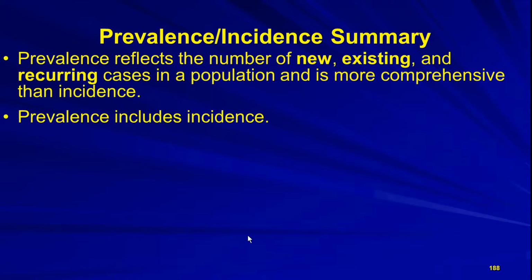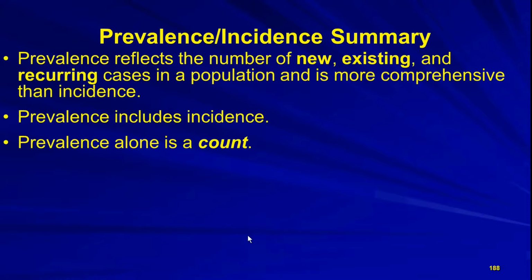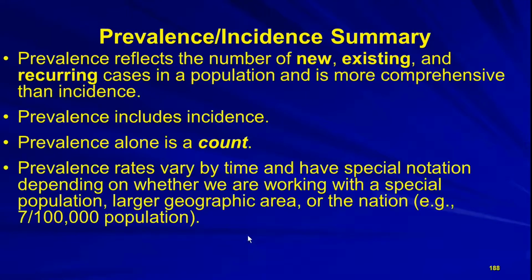Prevalence includes incidence. We've talked about that. Prevalence alone is a count. We've talked about that. Prevalence rates vary by time and have a special notation depending on whether we're working with a special population, a larger geographic group, or the nation, or the world.